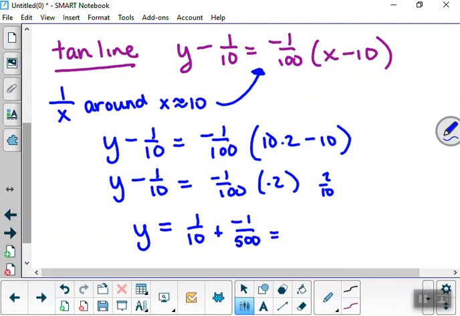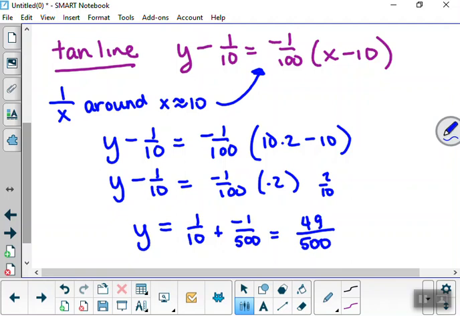So about 49 over 500. I'm going to double check my arithmetic here real quick because I'm trying to do this kind of quick. So how about negative 1 over 100 times 0.2 plus 1/10. Yeah, 49 over 500. Okay.